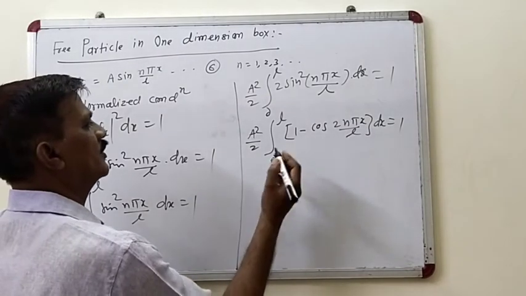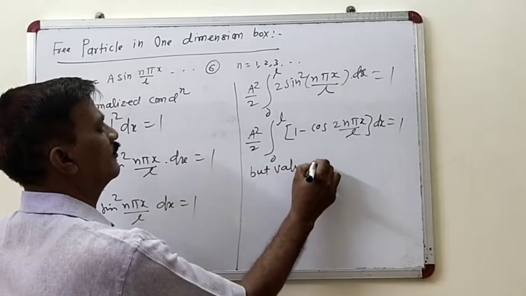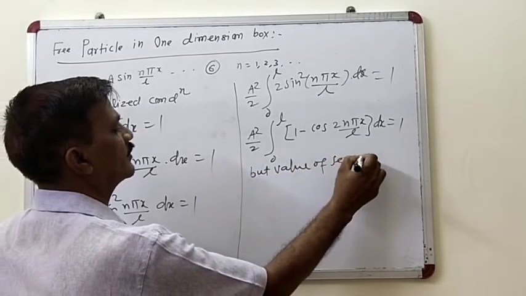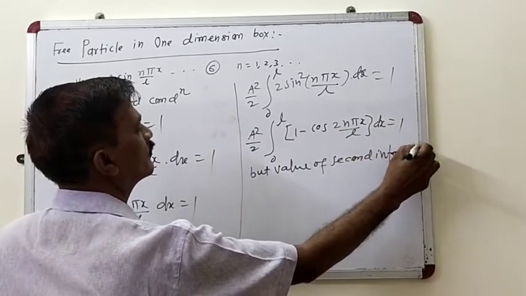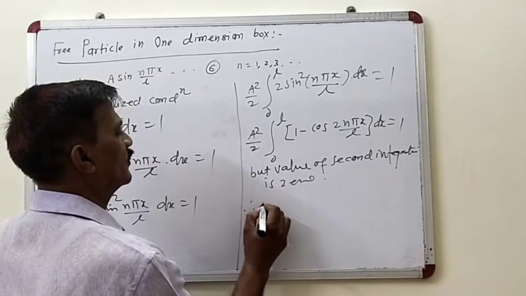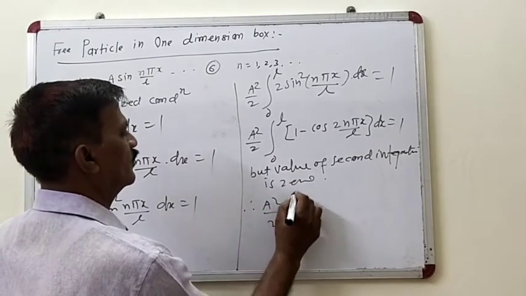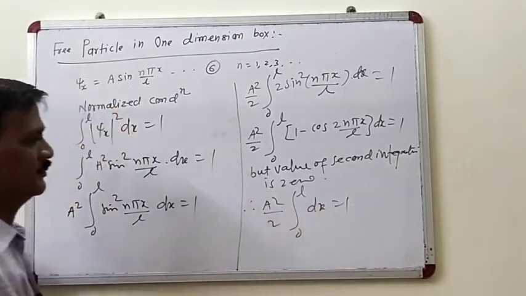Therefore, A^2/2 times the integral from 0 to L of dx is 1.